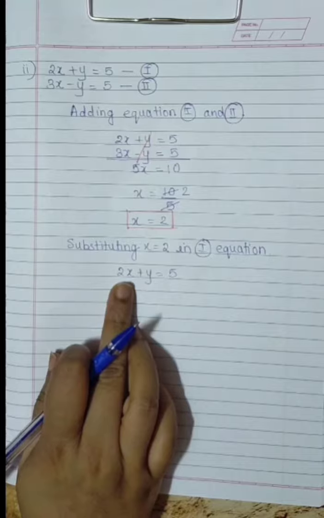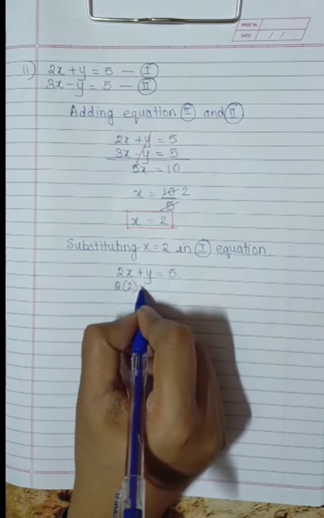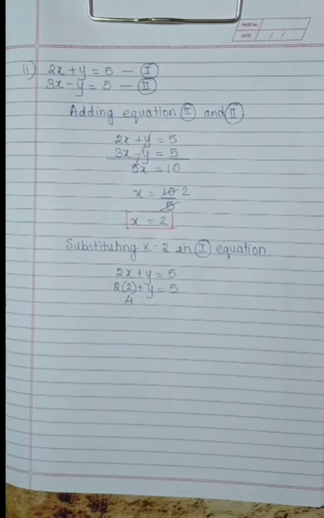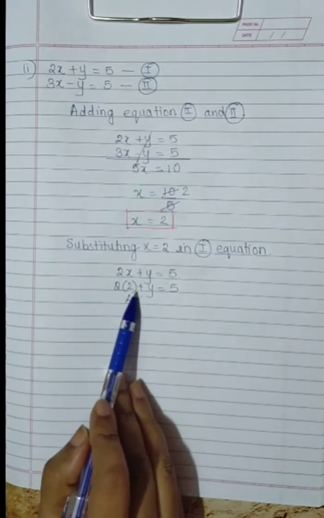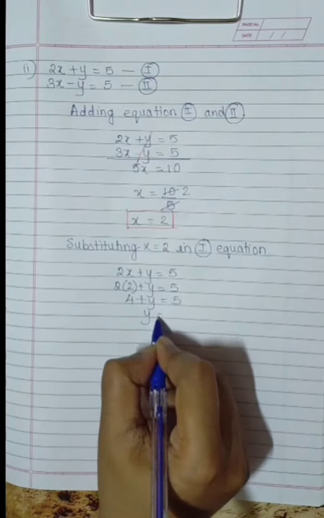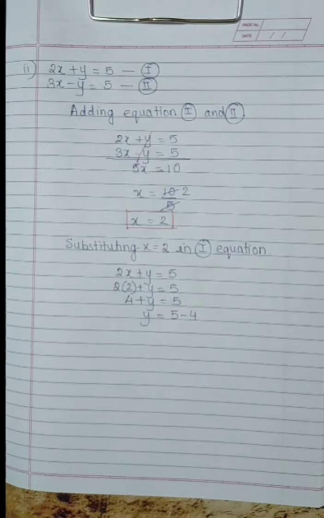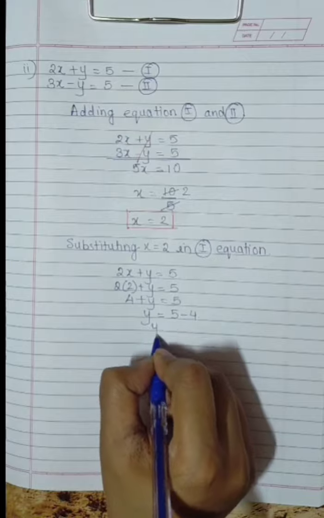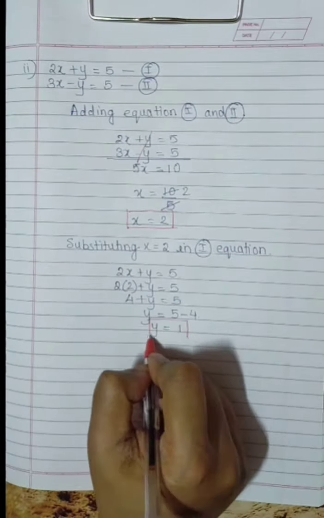In the place of x we are going to use 2. 2 twos are 4. Now after substituting 2, we get 4 plus y equal to 5. y is equal to 5 minus 4. Then we'll get the answer: y is equal to 1. We got the value of y as 1.